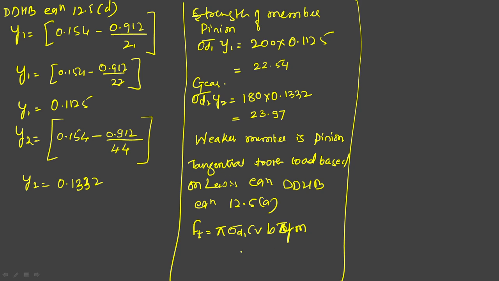In this case, Cv is unknown, m is unknown, b is given, and y1 you have calculated. Now we need to find the velocity factor Cv and module m. As the center distance is given here, let us go for calculation of the pitch circle diameter of pinion and gear.